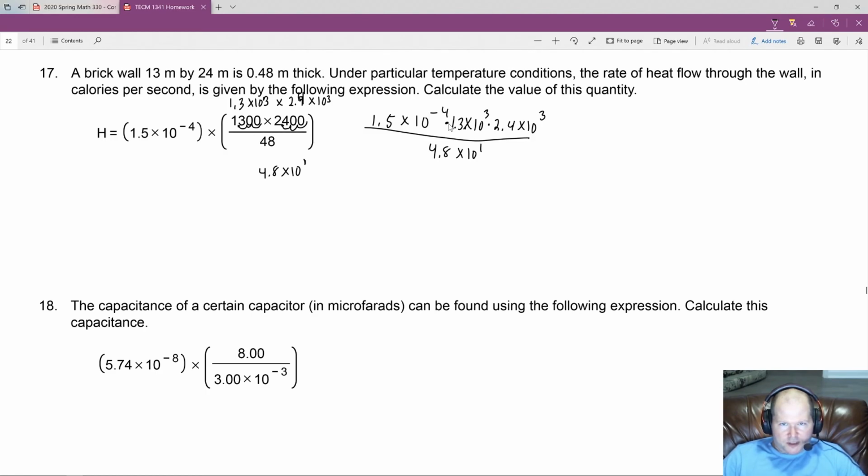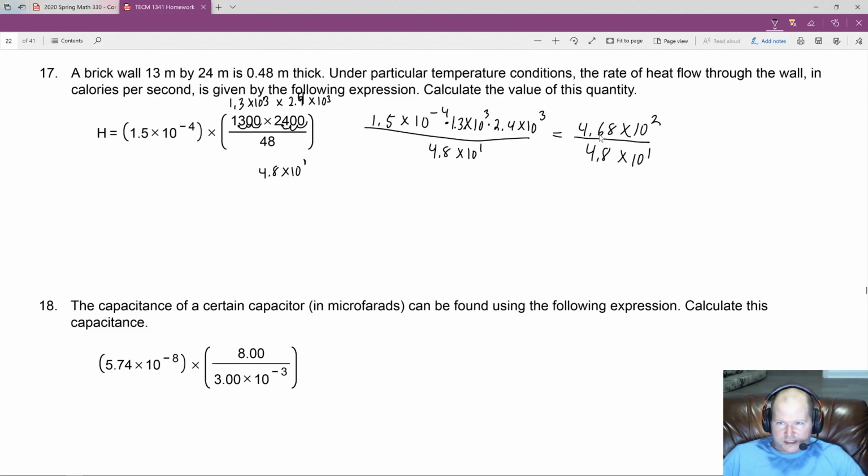So I'm going to multiply 1.5 by 1.3 by 2.4, which gives me 4.68, times 10 to the, and we have a negative 4 plus 3 plus 3. Right, so negative 4 plus 3 is negative 1. Negative 1 plus 3 is a 2. Let me put that over 4.8 times 10 to the first.